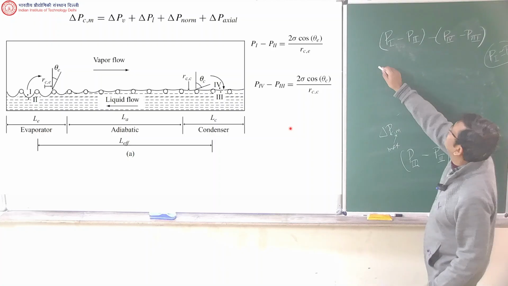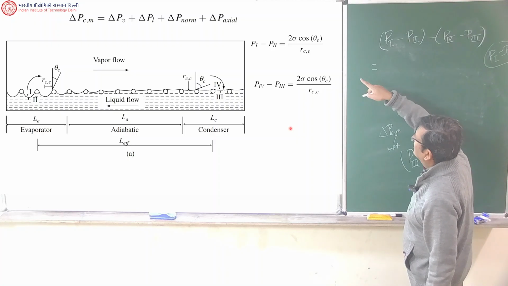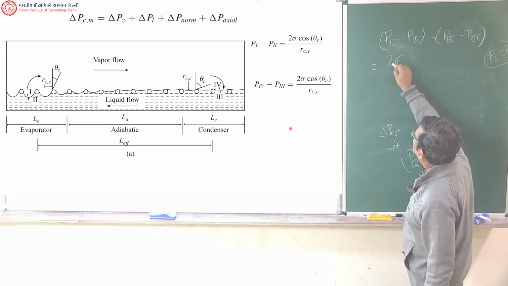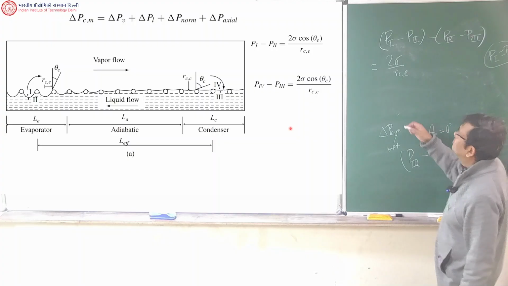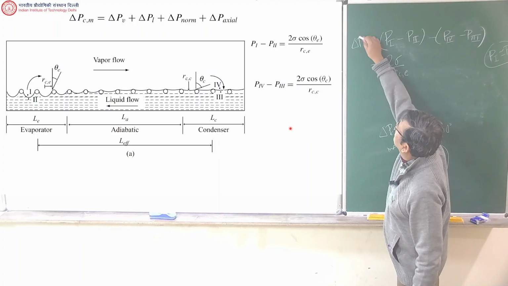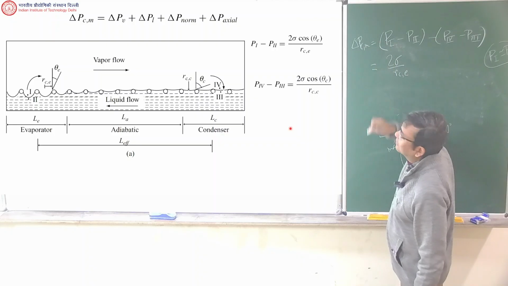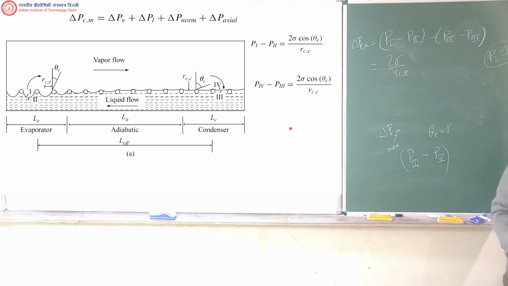So P1 minus P2 will be 2 sigma by RCE, the maximum, delta PCM, if we set theta E equal to 0 so that we can get 2 sigma by RCE, right?